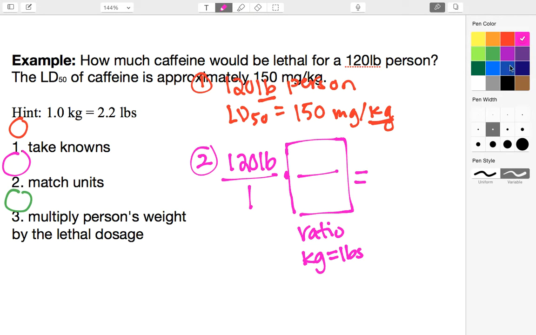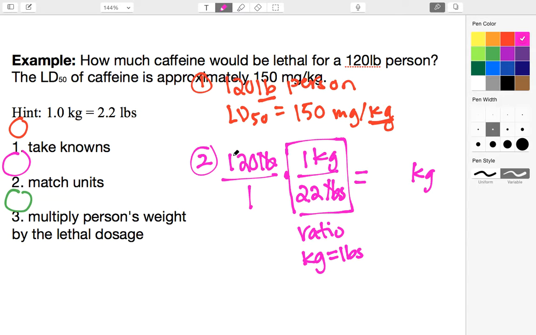If I want to end up with kilograms, because I want to match it to the LD50 units, I need to get rid of the unit pounds. You might have remembered from middle school math that you just need to cross multiply. So your unit for pounds needs to go in the bottom so they can cross out. It's 120, and the number that goes with pounds based off of this ratio is 2.2, and my other ratio is just 1 kilogram.